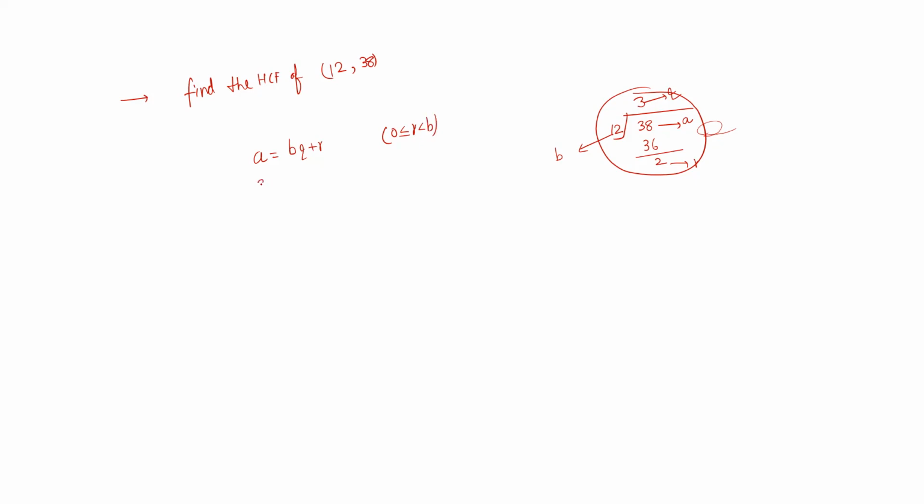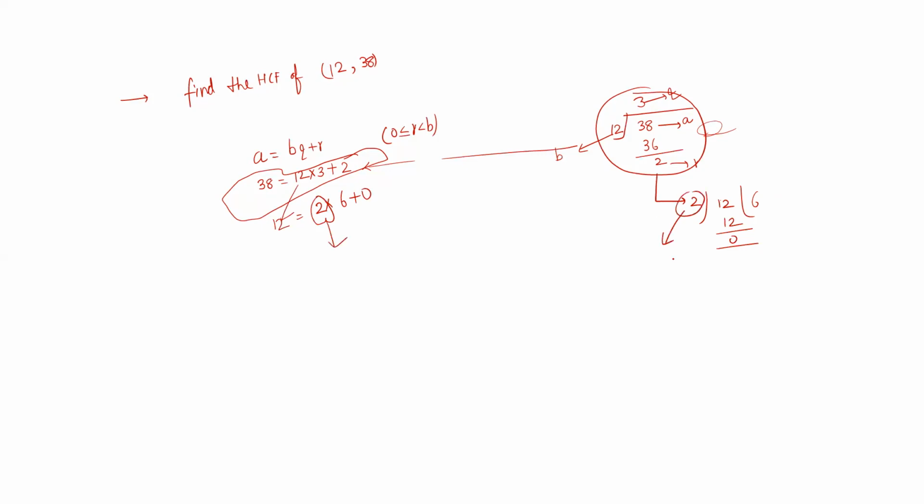So 38 equals 12 into 3 plus 2: the divisor is 12, the quotient is 3, and the remainder is 2. The first division is narrated as 38 equals 12 into 3 plus 2. Now we extend the division: the remainder 2 and 12 come here. 2 6s are 12 and the remainder is 0. So 12 has now become the dividend. The divisor is the HCF we have studied.